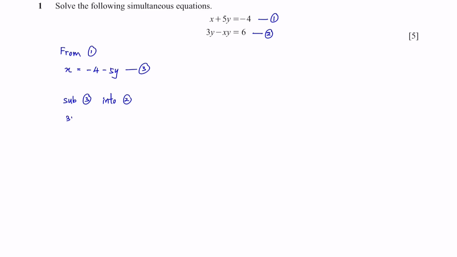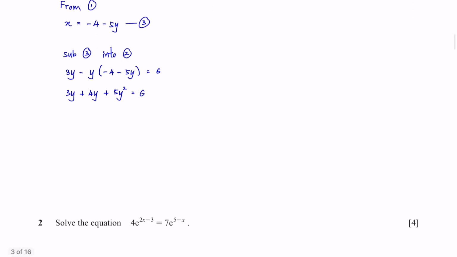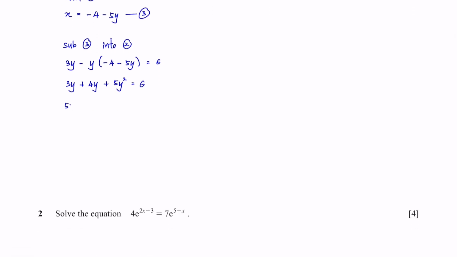So we have 3y minus y times (-4 minus 5y) equals 6. So we would have 3y plus 4y plus 5y squared equals 6. So we rearrange it to get 5y squared plus 7y minus 6 equals 0.